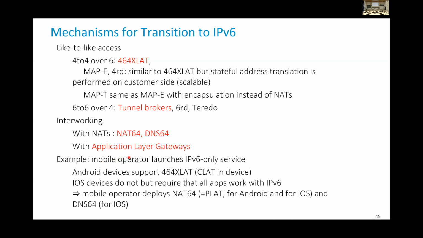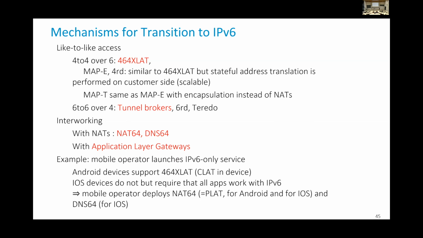So for example, if you're a mobile operator, you might be forced to launch an IPv6-only service. If you ask for a block of 1 million addresses, you're a Chinese operator, so you think in millions, you want to launch a service and you need 1 million different addresses, you will not get that from IPv4. In fact, you will get no new address for IPv4, apart from extremely special cases.